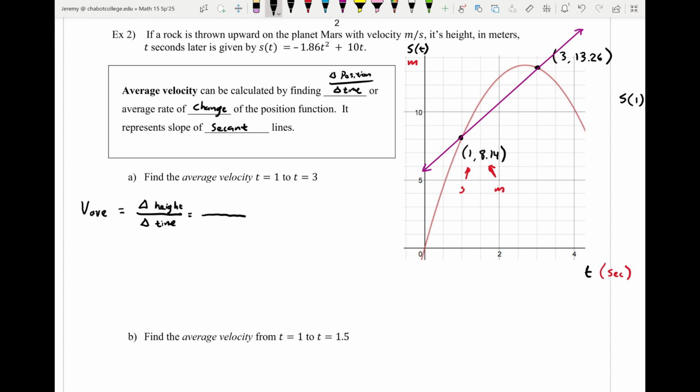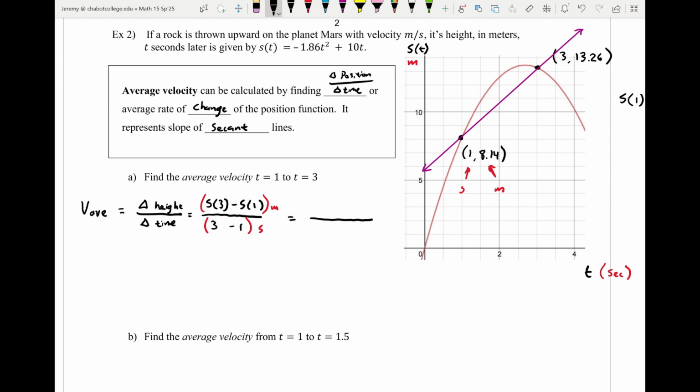I can get that by taking those two s coordinates: s of 3 minus s of 1, and in the denominator, 3 minus 1. And remember our units: up top it's in meters, and in the bottom it's in seconds.